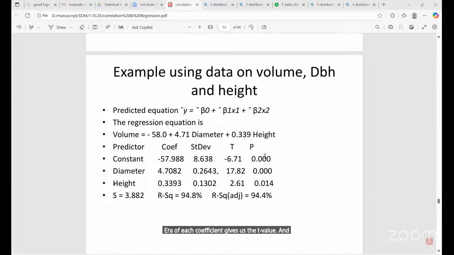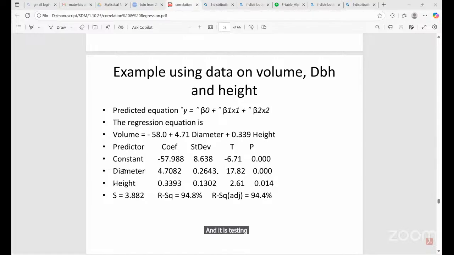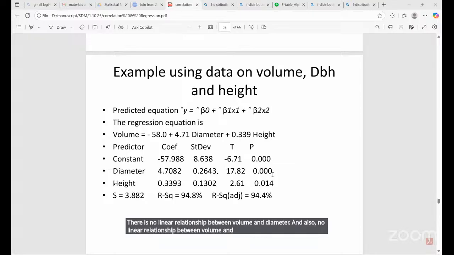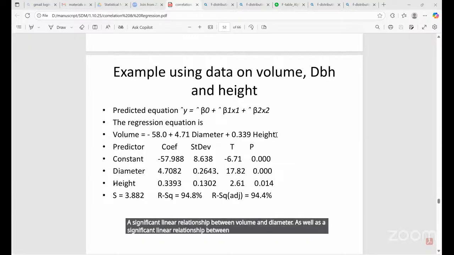And we have the corresponding p-value, and it is testing the hypothesis that there is no linear relationship between volume and diameter, and also no linear relationship between volume and height. But we see that all these p-values are less than 0.05, so we have evidence to reject the null and conclude that there is a significant linear relationship between volume and diameter, as well as a significant linear relationship between volume and height.